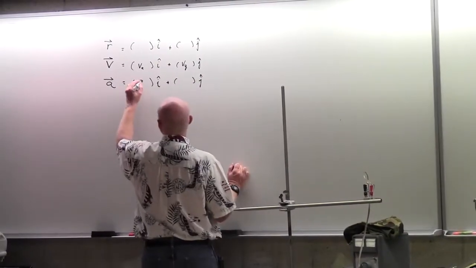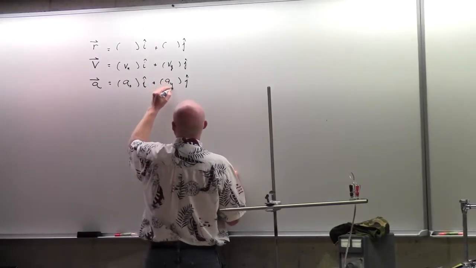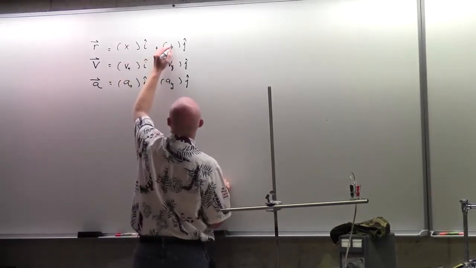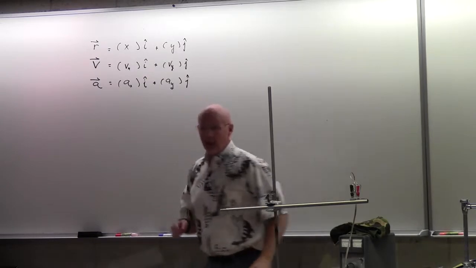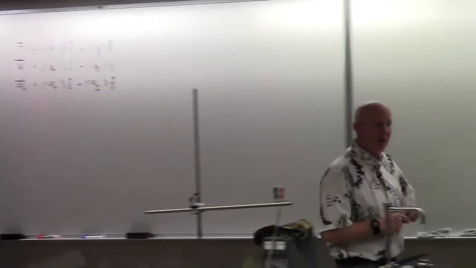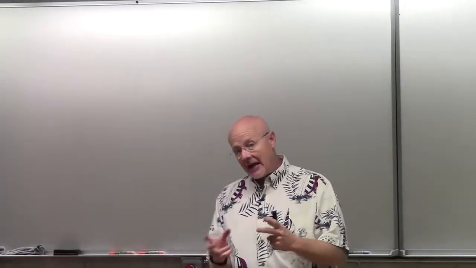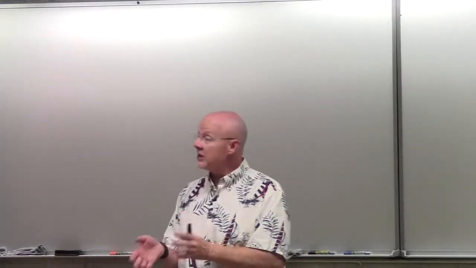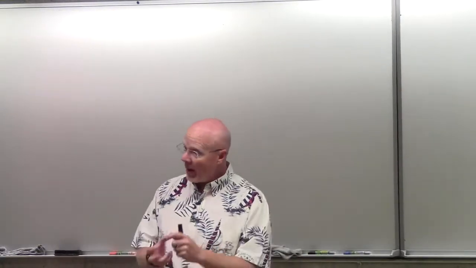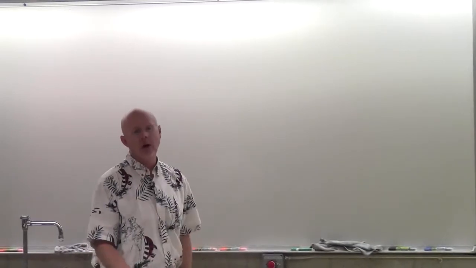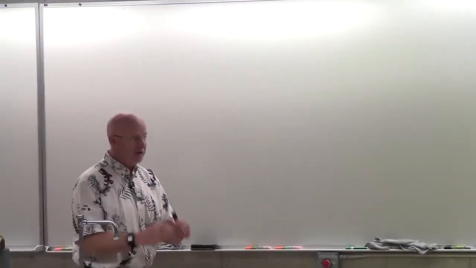Just for completeness, I'll put these out here, and this sets us up for the beginning of Chapter 4. The idea of Chapter 3 was that as we get two-dimensional motion, as things begin to move in both x and y, we need a way to mathematically describe that so that it works consistently in our calculations. And that was the point of this.